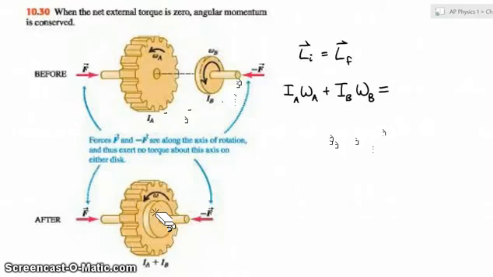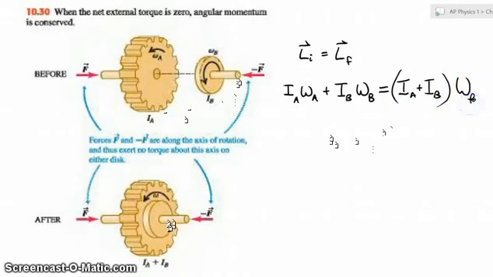At which point there'll be static friction, or no friction necessary, sorry, because they'll be rotating at the same angular velocity. So at that point, their angular momentum is given by their total moment of inertia times whatever their common angular velocity is.